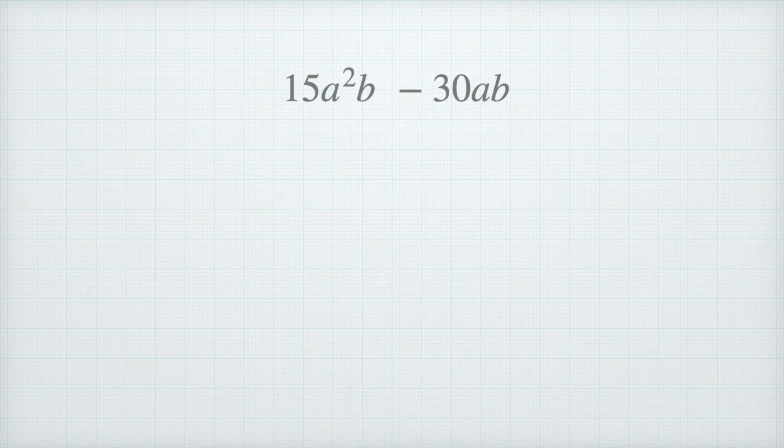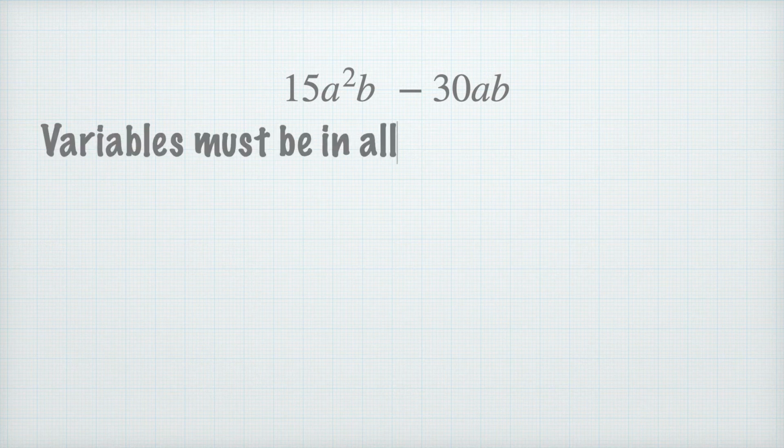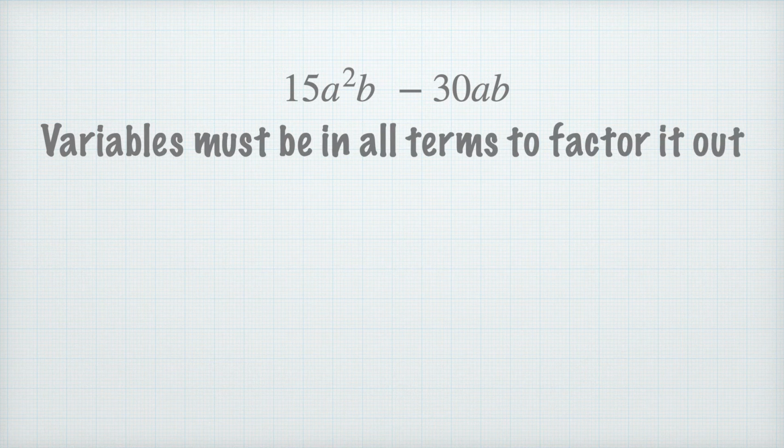So now, this is number 9. What can I factor out of both of those terms? 15a squared b minus 30ab. In order to factor out a variable, it must be in all of the terms. Remember, it's what can I factor out of both of those terms?